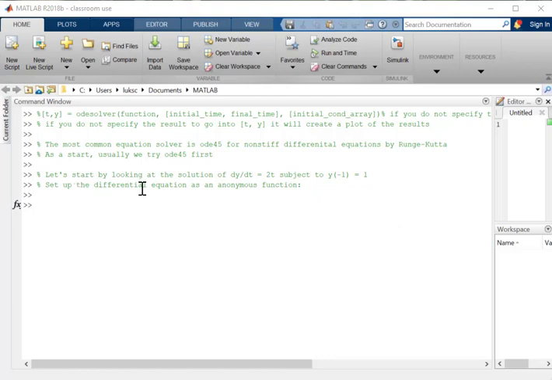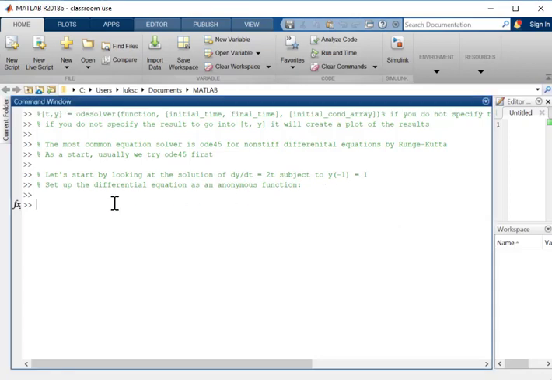Now what we want to do is start by looking at the solution to the equation dy/dt equals 2t, subject to y of -1 equals 1. And we want to do this by setting up an anonymous function. So remember that an anonymous function, dy/dt equals @, and I want to name both the variable t and y, because remember, dy/dt is a function of y and t.